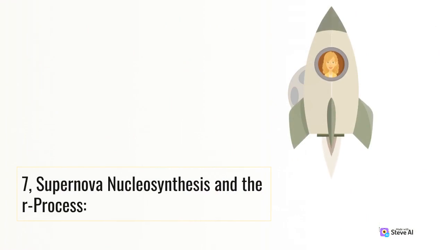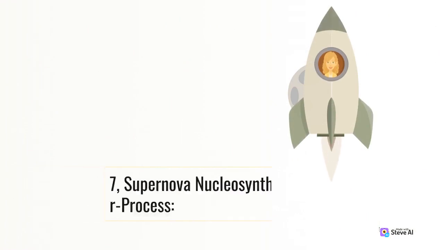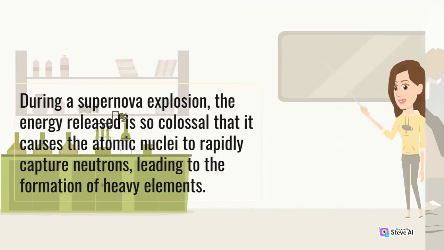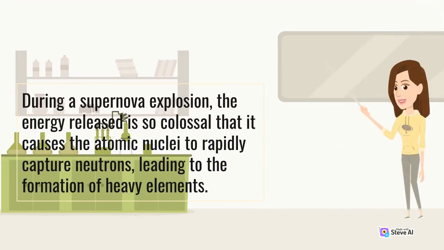7. Supernova nucleosynthesis and the R process. Supernovae, particularly those resulting from the explosion of massive stars, are intense environments where the R process occurs. During a supernova explosion, the energy released is so colossal that it causes the atomic nuclei to rapidly capture neutrons, leading to the formation of heavy elements.